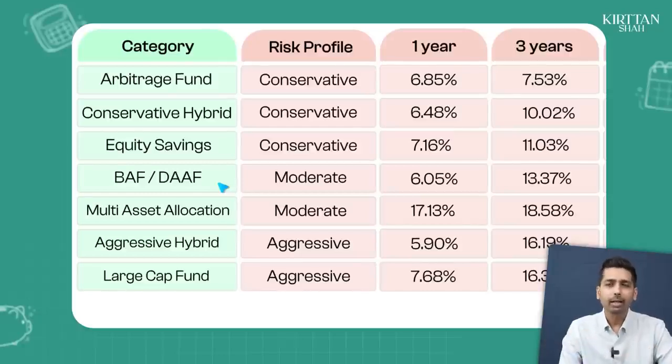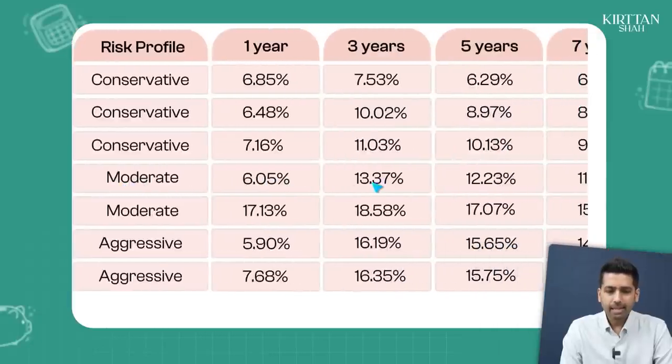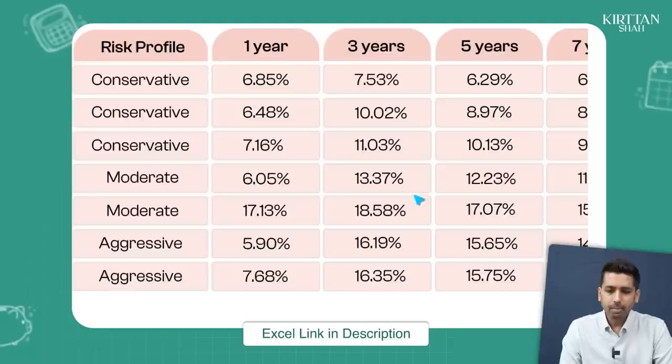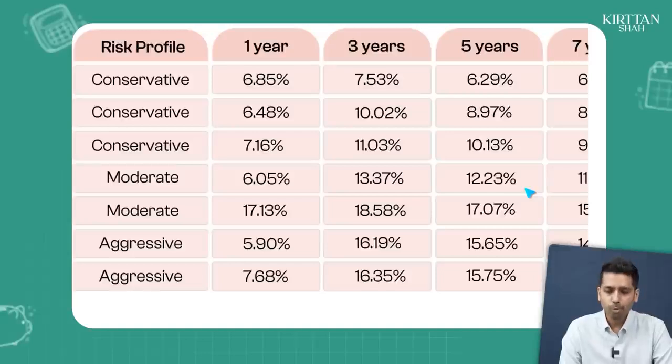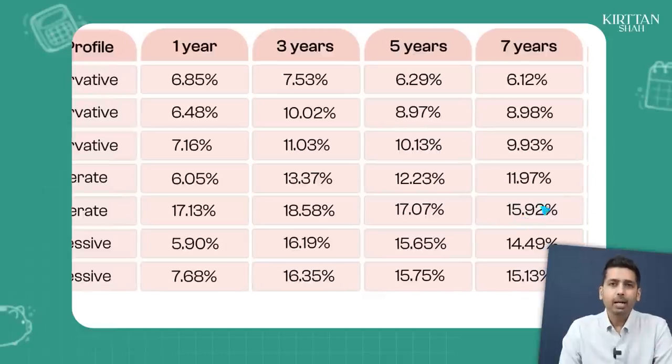But you look at the return dynamics, okay? So in 3 years, the balance advantage fund has done roughly 13.4 and the multi-asset has done 18.6. In 5 years, the balance advantage has done 12.2, the multi-asset has done 17. And 7 years, the balance advantage has done 11.9, which is 12%, and the multi-asset has done close to 16.